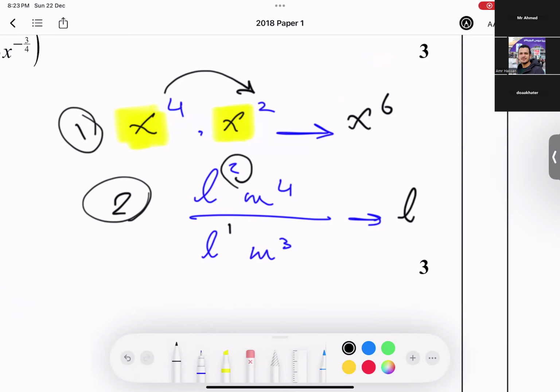Are you there? Yeah. Okay. So 2 minus 1 is supposed to be l to the power 1 and m to the power 1, right? Yeah. Okay, but I don't have to write the exponent whenever it is 1. Just write l m.